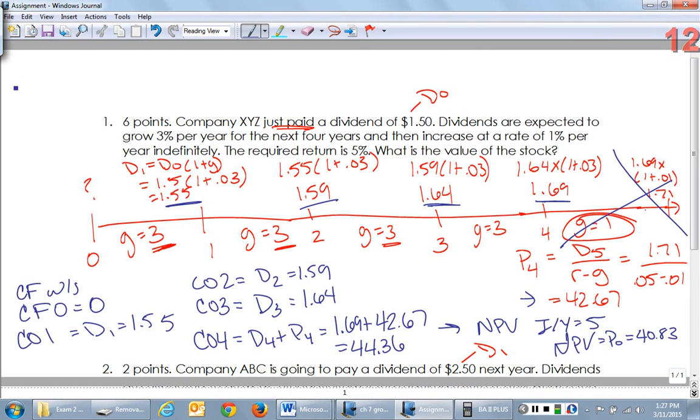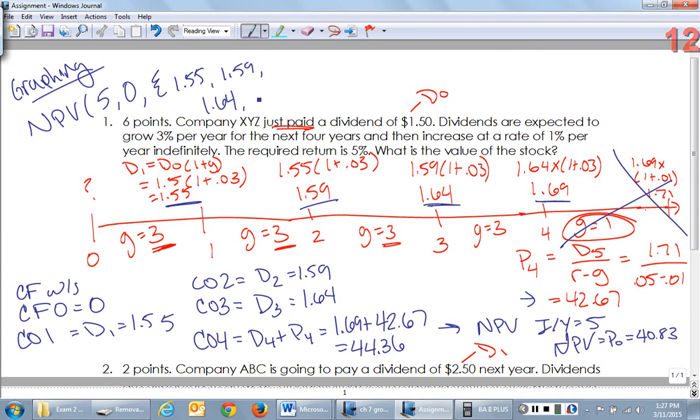So if you have a graphing calculator, you would enter in NPV, open parentheses, your discount rate, comma, your cash flow at time period 0, comma, braces, and your cash flows. So $1.55 at time period 1, $1.59 at time period 2, $1.64 at time period 3, and $44.36 at time period 4, close braces, close parentheses.